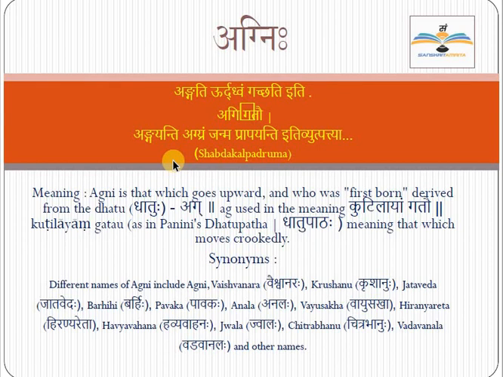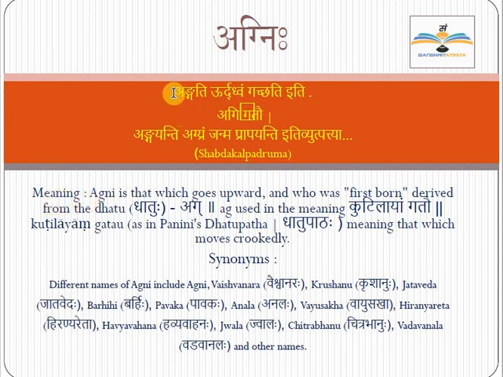All these devas are explained in the Rig Veda, Yajur Veda, all this is given already, but Agni is considered to be the prime god. That's why one who got born first is called Agni. So, Agryam Janma Prapayanti, one who got born first is called Agni.